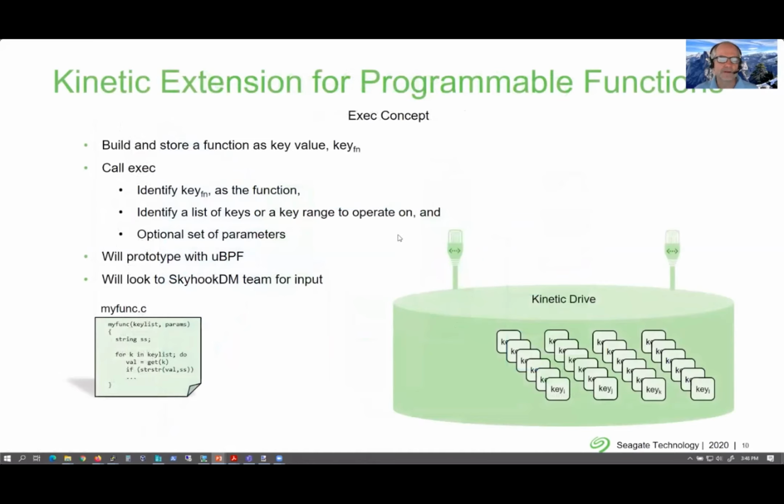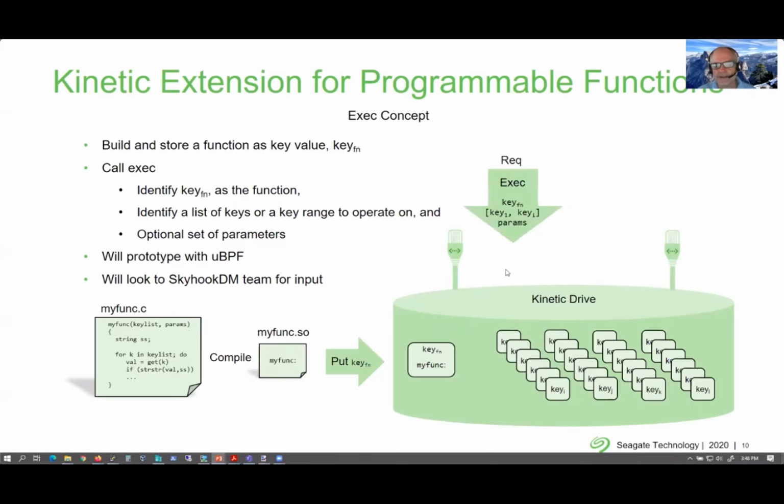One of the things that we noticed as we were doing that Kinetic library is that it would be fairly easy to add an exec call for programmable functions, which I think is a necessary piece for computational storage, to allow general purpose functions to be inserted in the drive and executed inside the drive. How this would work is that you would build your function into a shared object, and then store that shared object into a key value pair on the drive itself.